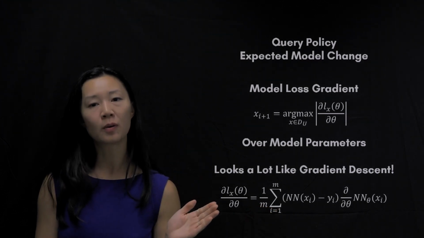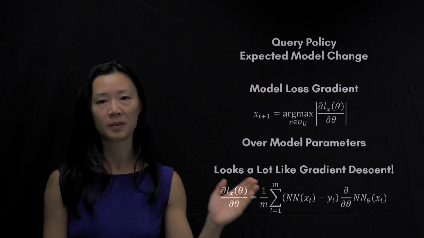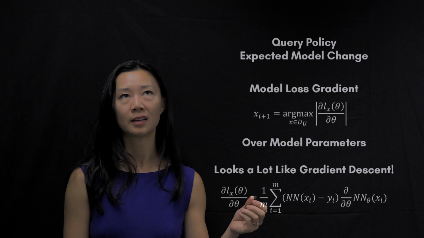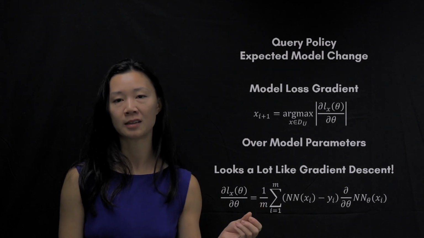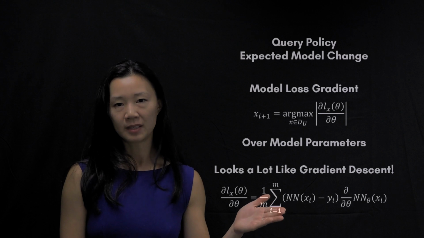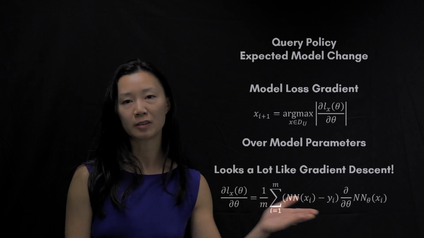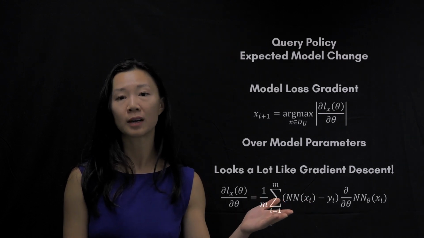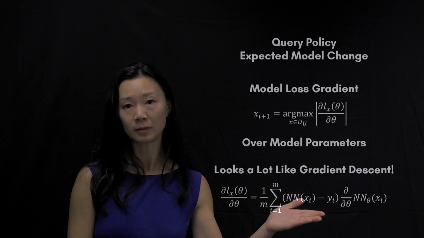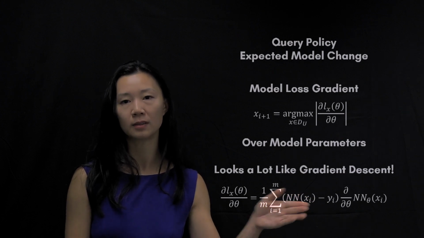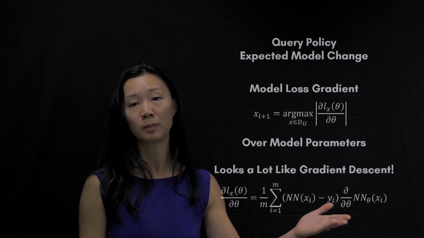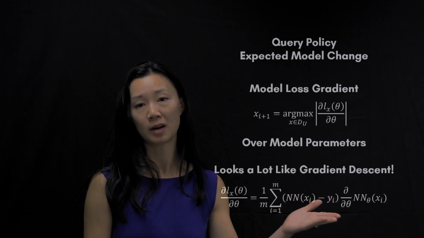The expression for loss gradient is going to be the sum across the sample points that you're interested in evaluating. So the sum of the difference between the neural network output at those sample points and the actual label at that sample multiplied by the neural network's output gradient with respect to model parameters.